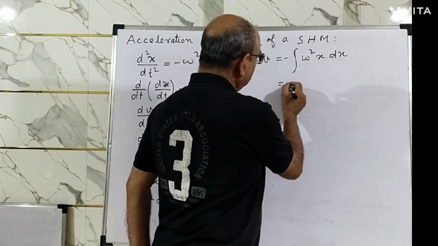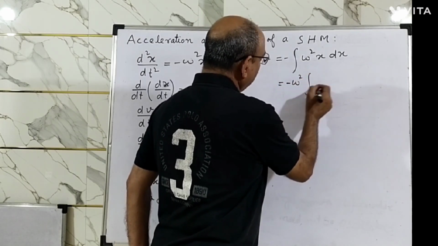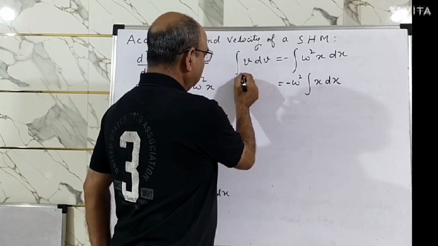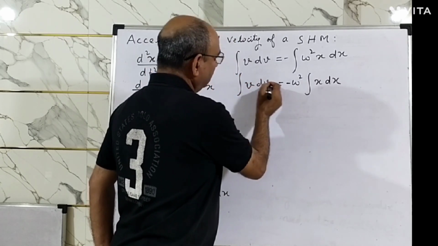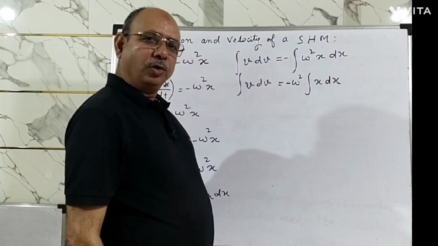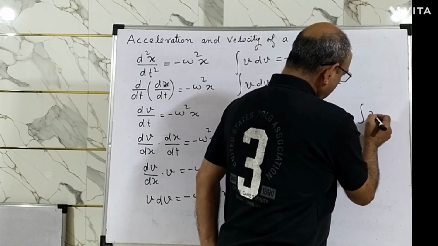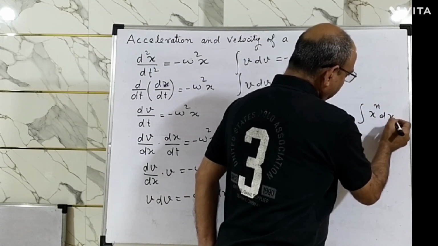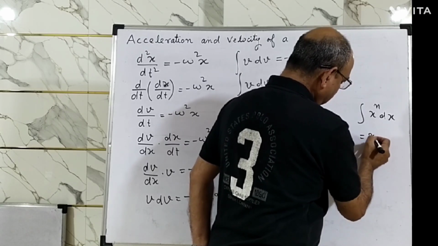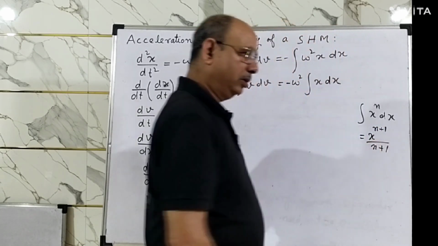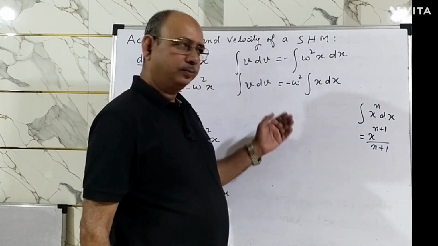We write it as minus omega square integration of x dx, and say the integration of v dv. We know that integration of x raised to n dx is equal to x to the n plus 1 divided by n plus 1. Now use this formula here.